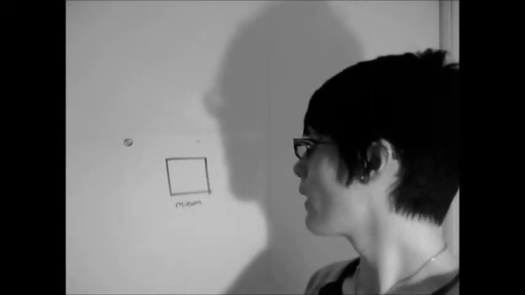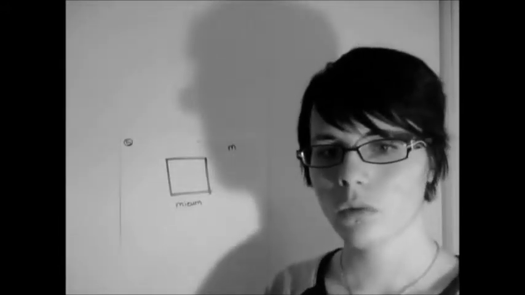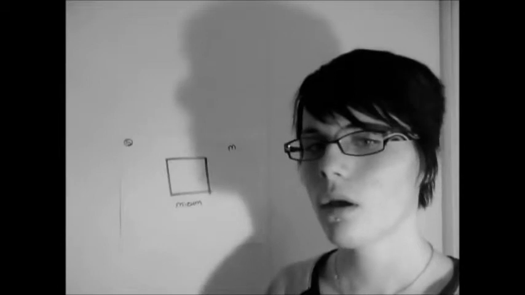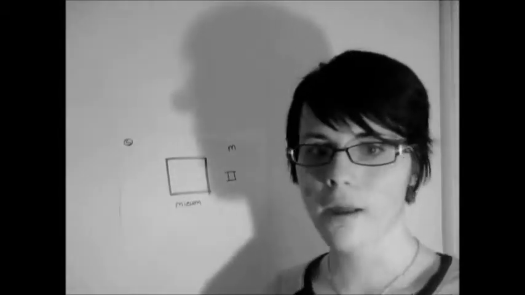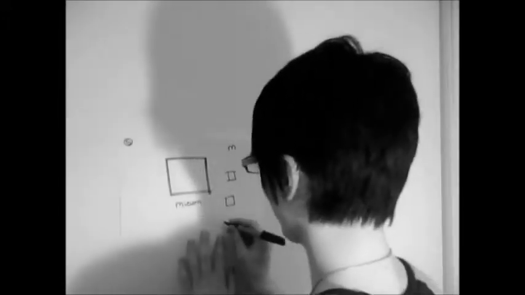Alright, so our fifth letter is called Mieum. Mieum obviously says M. And there is no distinct stroke pattern for this one. You can write it any way you want because it's just a box. You can write it like that, or like that.